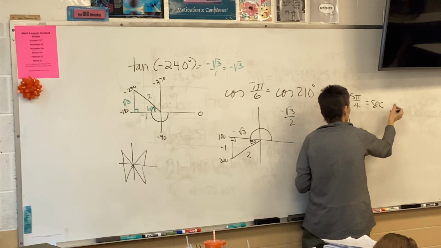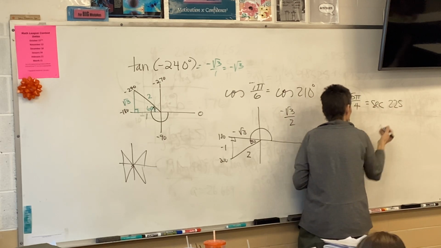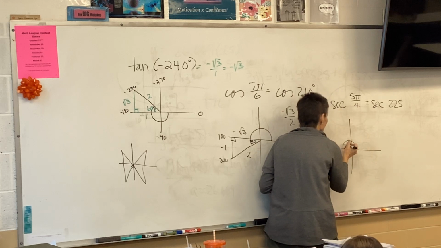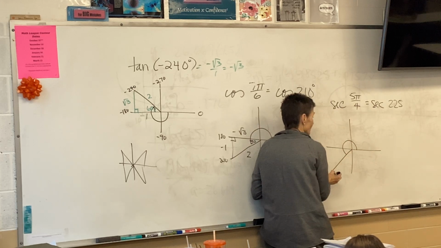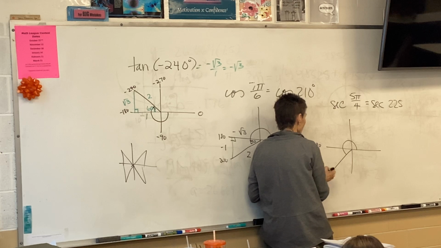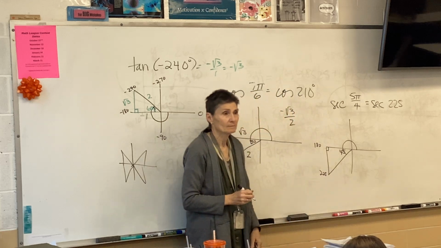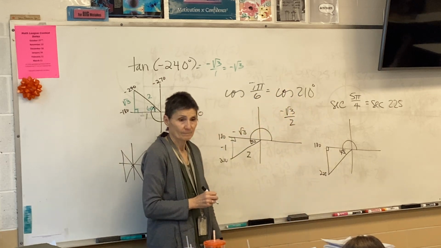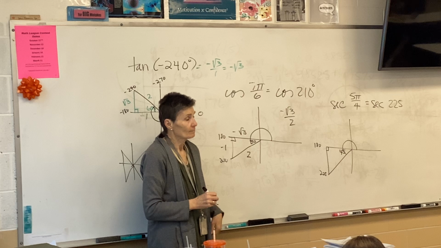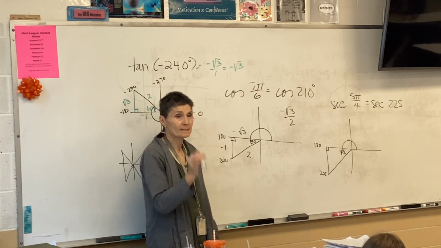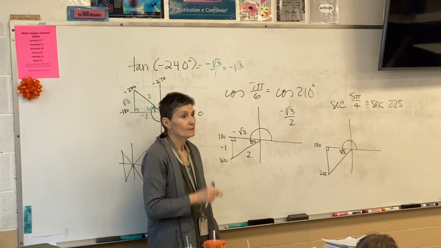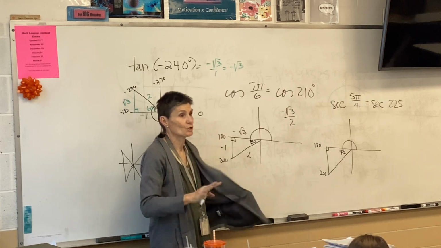What is that? 225. So I'm going to draw 225. And again, this is 180 and this is 225. So do you see the 45 growing out of that? Anytime the denominator is 4, your angle's going to be some version of a 45.